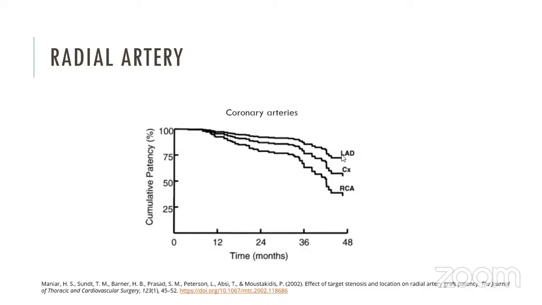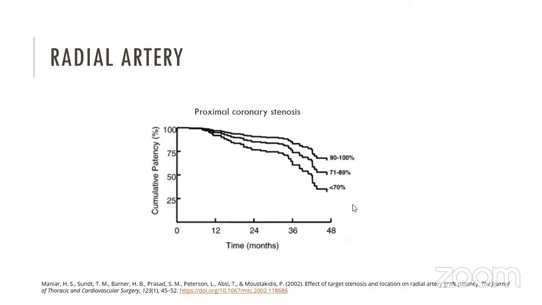Now, when you look at the radial artery with the passage of time, as we mentioned at the beginning of our presentation, depending on where you anastomose it, you'll have different outcomes. And this is probably due to what we mentioned about competitive flow and degree of stenosis.